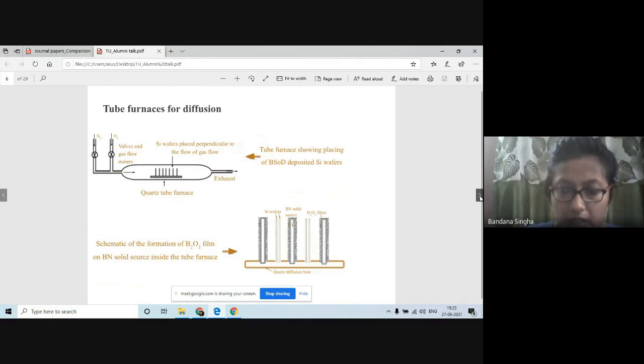In order to use these dopant sources, we require a quartz furnace to carry out the process of diffusion. The silicon wafer samples are generally placed vertically to the flow of the gases, oxygen and nitrogen, that are used in the furnace.